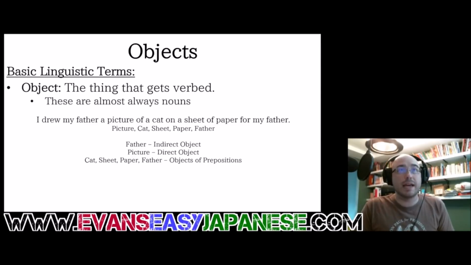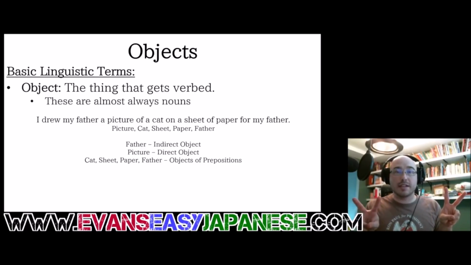Or how about I say this? I bought my dad a cake. So I is the one who did something. What did I do? I went to the store with some money and I bought something. What did I buy? I bought a cake. Whom did I buy it for? I bought my dad a cake. So that has one subject, I. The verb is bought.